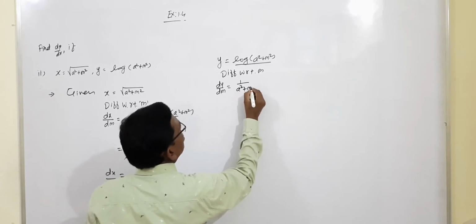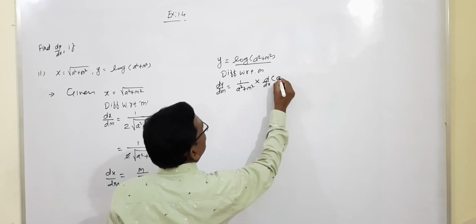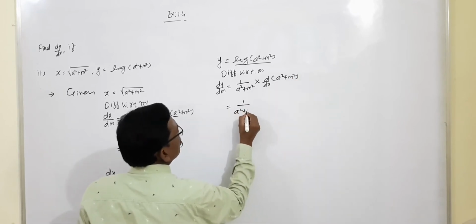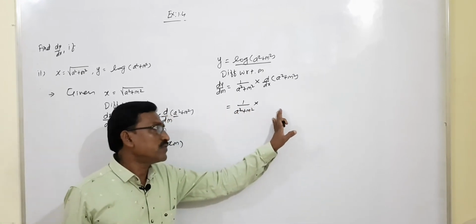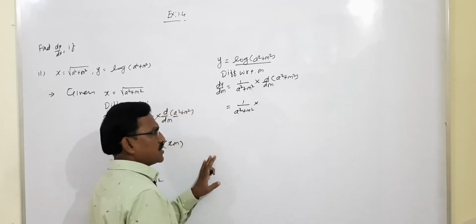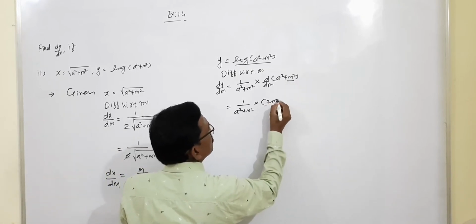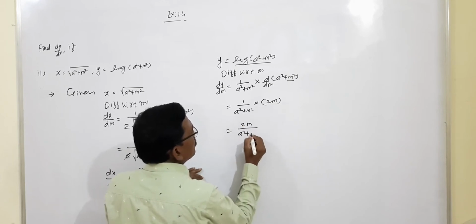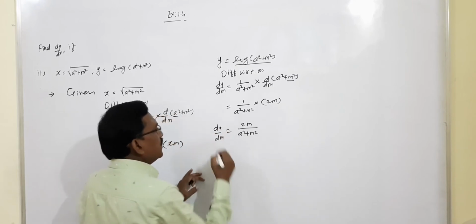Into, again by chain rule, we take the derivative of a square plus m square. Derivative of a square is a constant, that's why it is 0. There is no need to write. And the derivative of m square is 2m. It is equal to 2m upon a square plus m square, and this is nothing but dy by dm.